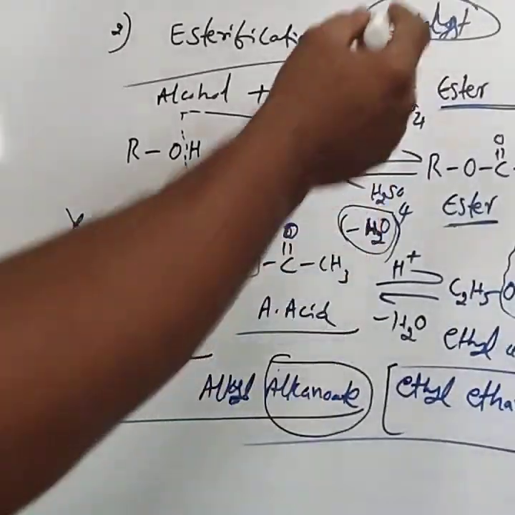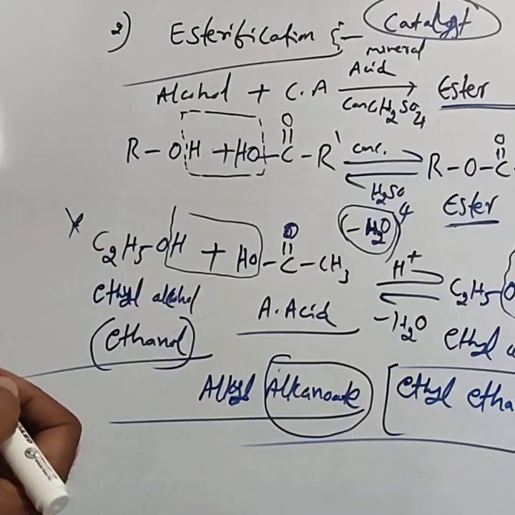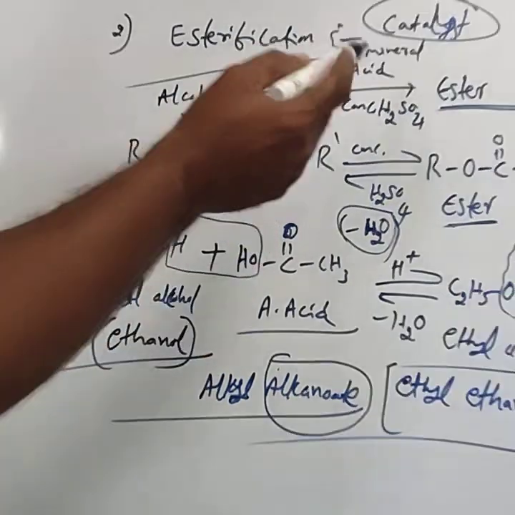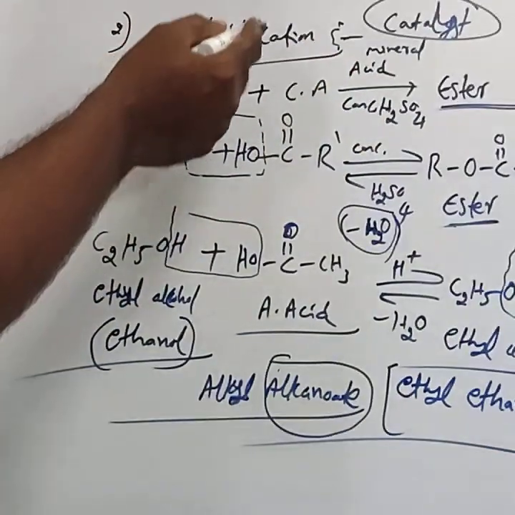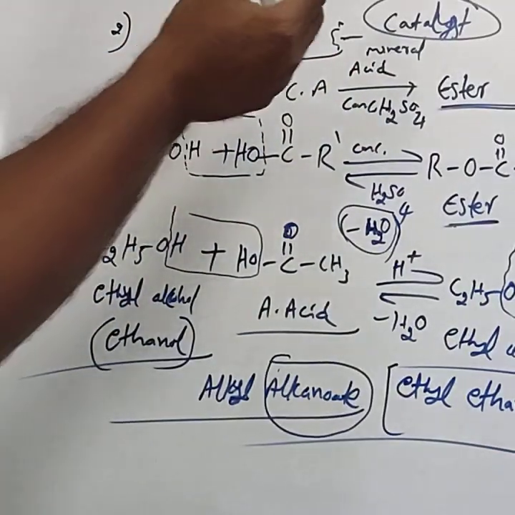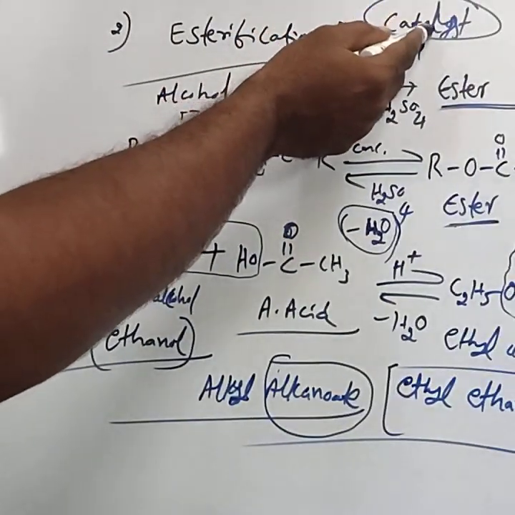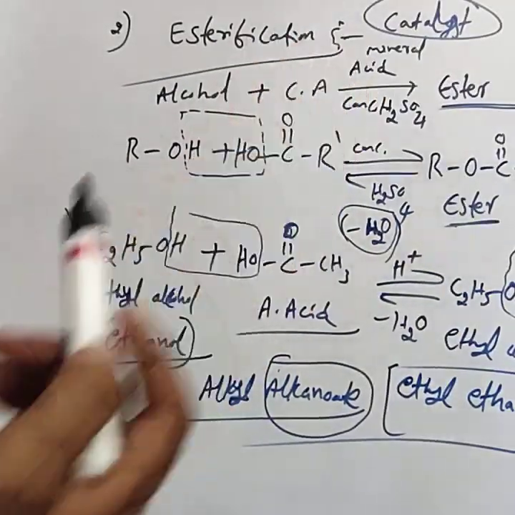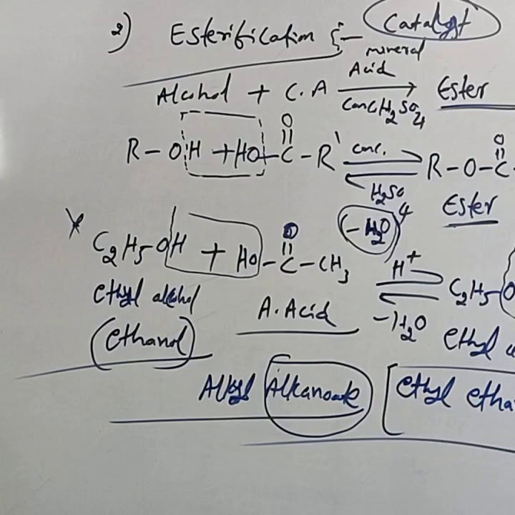Hence, sulfuric acid acts as a dehydrating agent. The role of sulfuric acid in esterification is, one, it acts as the catalyst, and another, it acts as a dehydrating agent.